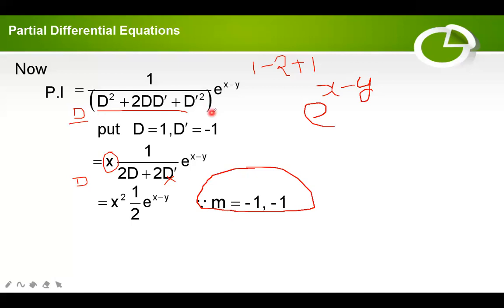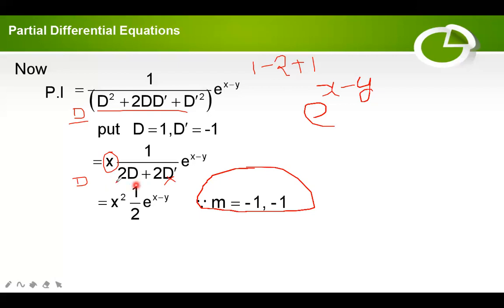How many times the root is repeated, that many times we have to differentiate. Here minus 1 is repeated twice, so without substituting D equal to 1 and D dash equal to minus 1, we can differentiate twice and we will get the answer. Suppose it is repeated thrice, you have to differentiate one more time with respect to capital D.